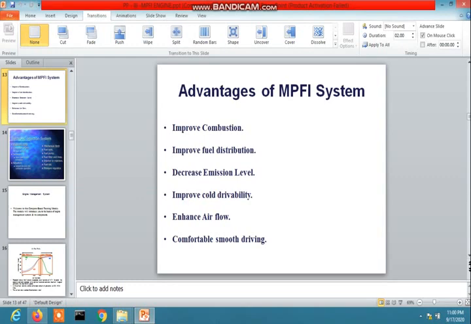And it enhances airflow, that means better volumetric efficiency. And last of all, comfortable smooth driving. That means engine output is high, acceleration response is high, and also better cold start.